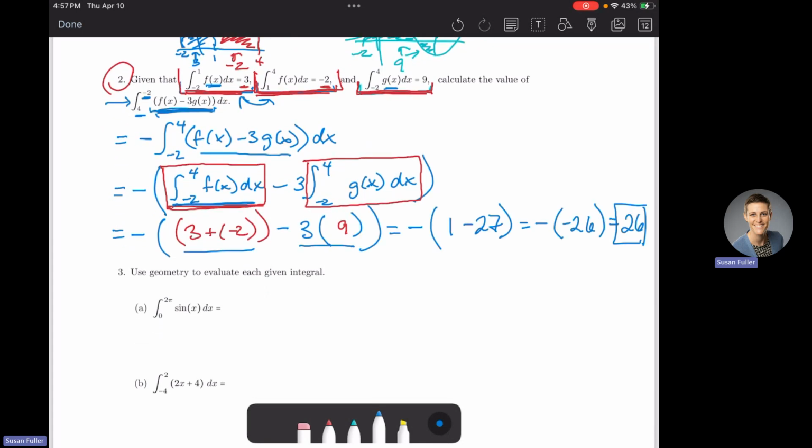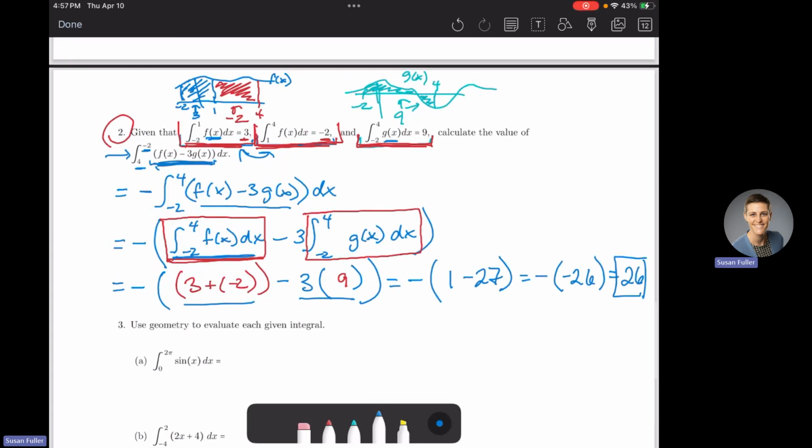So you're going to have to play with areas sometimes. If you're having a really hard time, drawing pictures can help: where is this area? It doesn't have to be perfect. Here, my graph was above the x-axis with a negative area. It can help you picture where these pieces go so you can figure out if you're adding them or subtracting them.